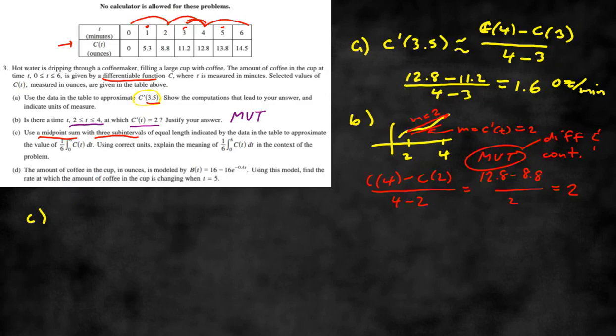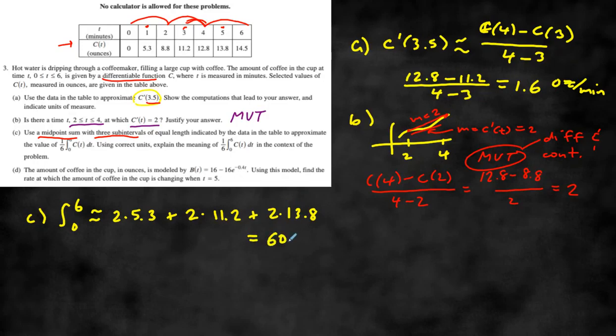So we approximate this integral as a width times the function height, 5.3, plus the same width, function height now 11.2, and finally a last width of 2 and a 13.8. If we add those values up, that gets us 60.6. Then we're going to take 1/6 of the integral, which, how convenient is that? 1/6 of 60.6 is 10.1.